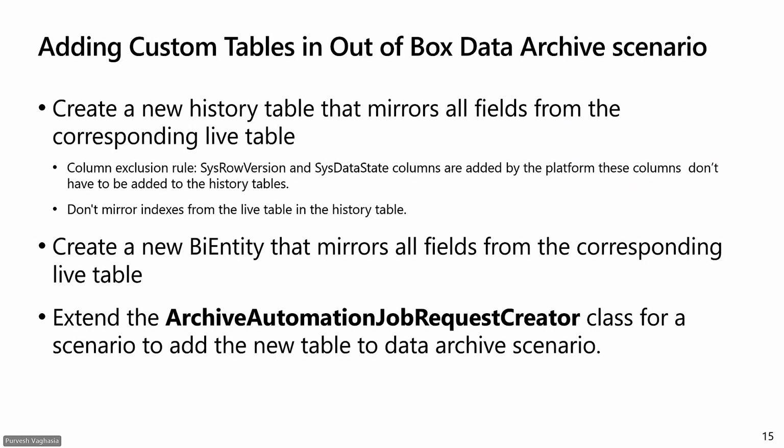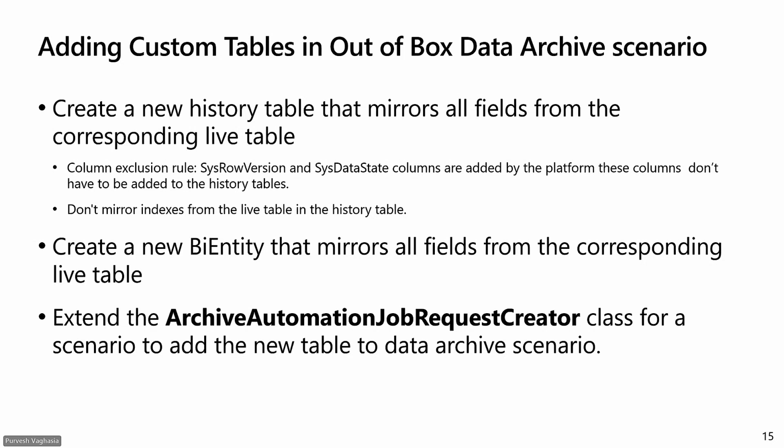When we say map all the columns, the same thing applies: there are two system columns on every live table, sys row version and sys data state, that you don't need to add into the history tables, because those are system columns used by the archiving framework on the live table.